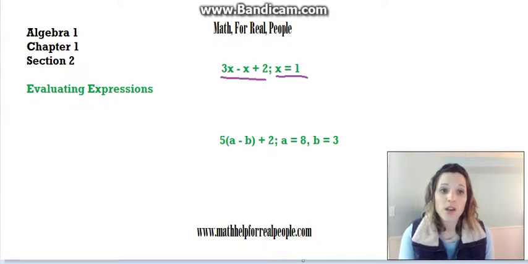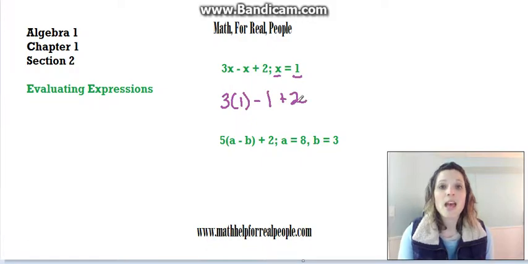That is evaluating the expression. So think no more about it except for this. Where you see an x, you plug in a 1. So you have 3 times 1 minus 1 plus 2. And now you will follow the order of operations.